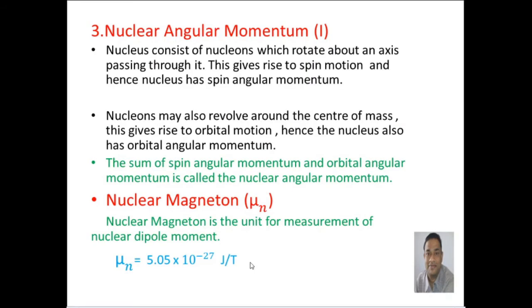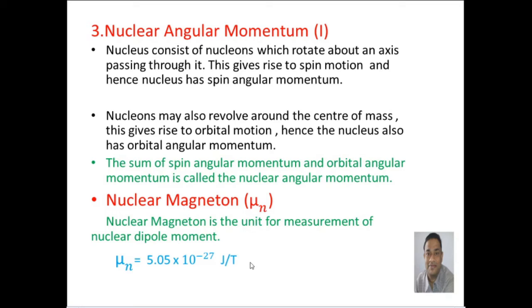Let's see other properties of the nucleus. We have seen that the nucleus consists of nucleons, and these nucleons are never stationary. They rotate about an axis passing through them. This gives rise to spin motion, and hence a nucleus has spin angular momentum.